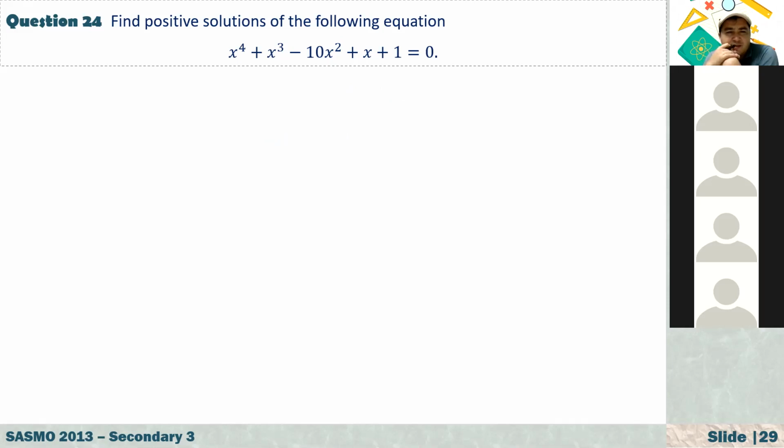How about 12? If it is 12 minus 2x squared. How about 12? X to the power of 4 plus x cubed minus 12x squared plus 2x squared plus x plus 1.